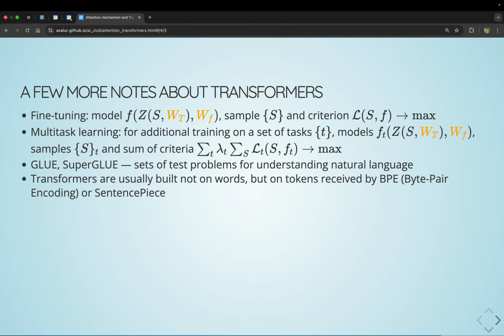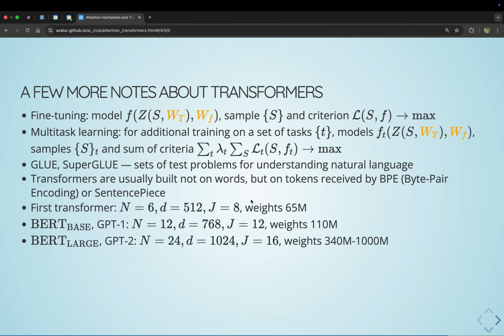So we need some sweet spot between characters and all the words. We divide words into tokens, popular parts, and the algorithm to do it is called, for example, byte pair encoding. So starting from bytes, we perform encoding and get, for example, 50,000 tokens overall in the whole vocabulary.